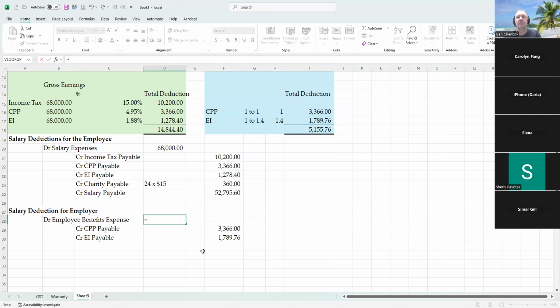And the sum of those two is going to come to employee benefits expense. The last thing that we have to do is to submit payroll deductions and payables.